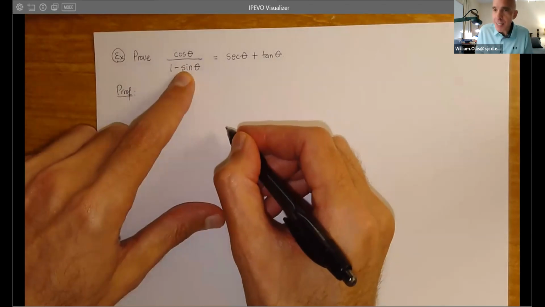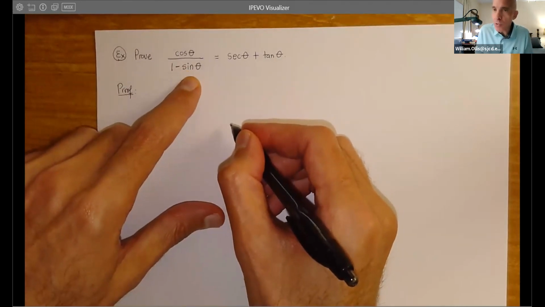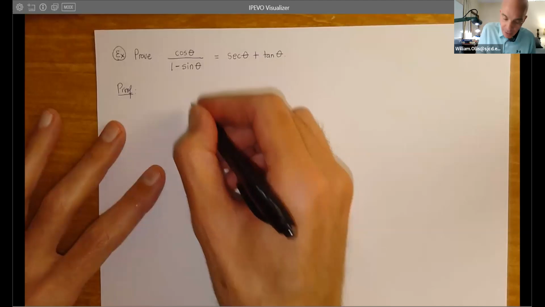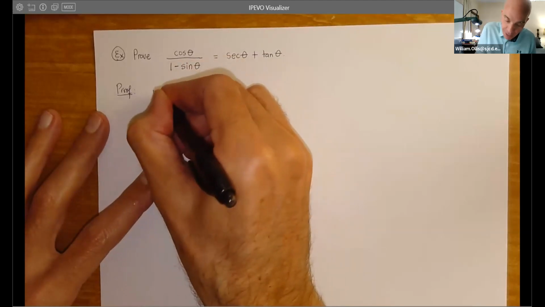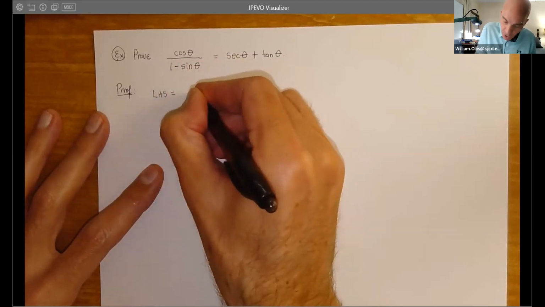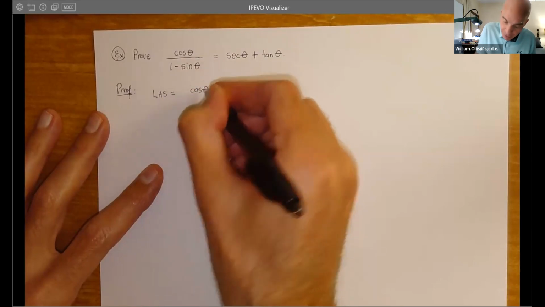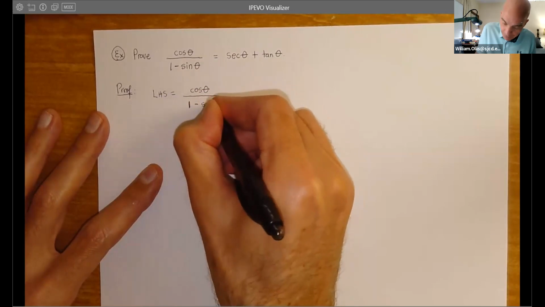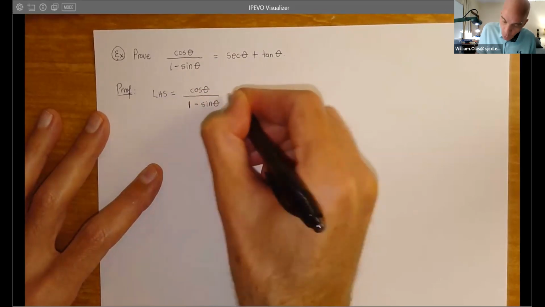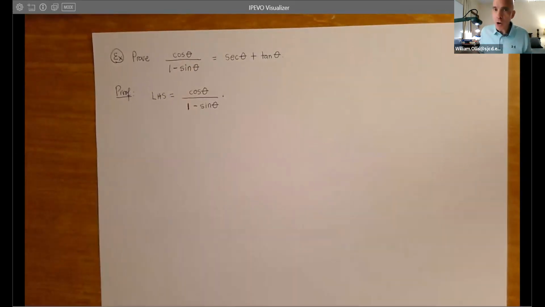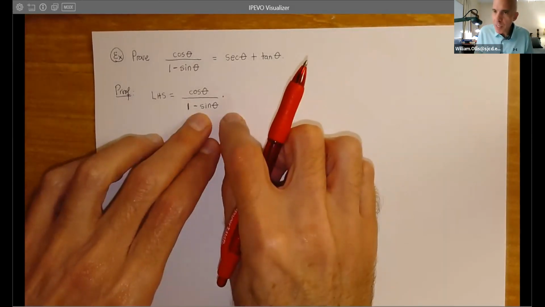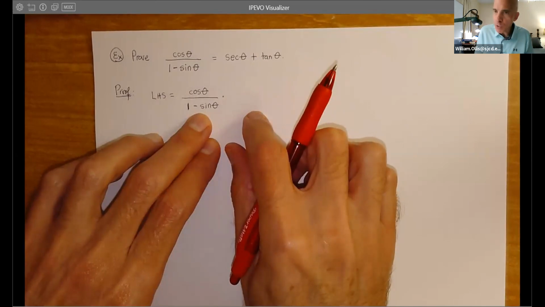So in our proof, let's just start with this side so I can introduce a new technique to you, or actually reintroduce a technique. So the left-hand side is just cosine theta divided by 1 minus sine theta. It's basically the convenient one. This is called the conjugate technique, where we can transform this if we introduce the difference of 2 squares.